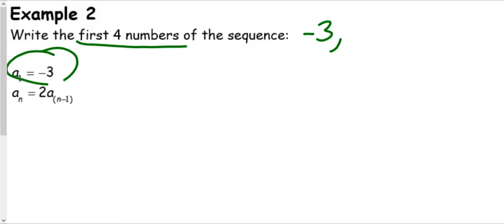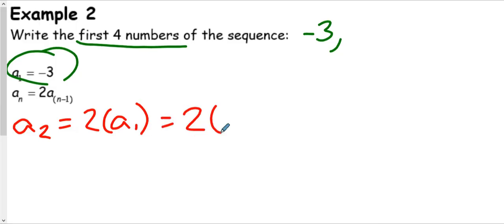So this is going to say that in order to find A2, we have to use 2 times A1. So 2 times, what was A1? -3. So A2 is going to equal -6.